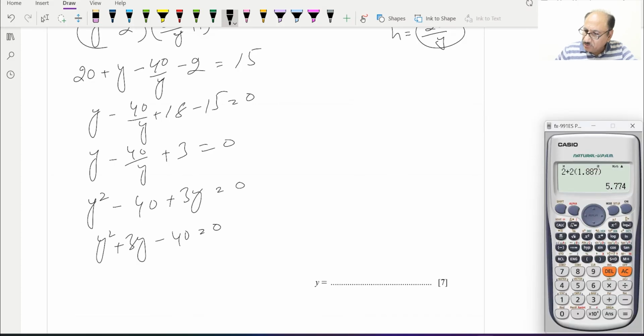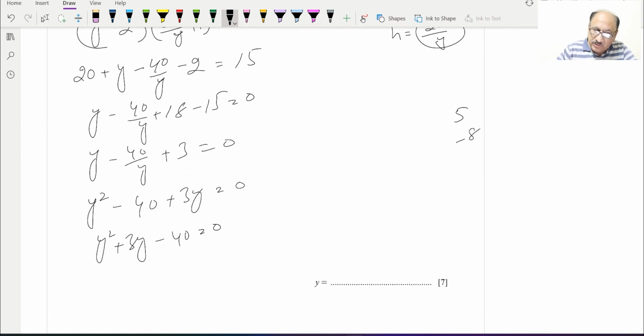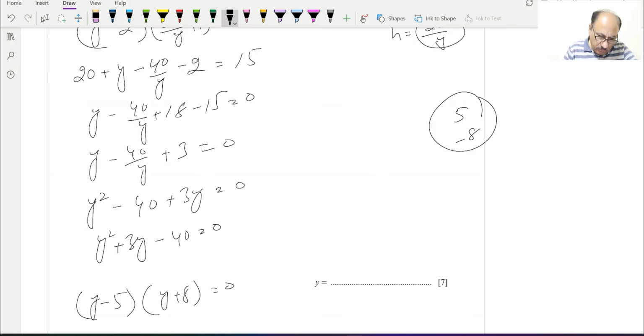So this will be our quadratic equation which we will be solving. And to solve this, we can use mode 5(3), and the coefficient of y square is 1, coefficient of y is 3, and the constant value is minus 40, giving 5 and minus 8. So 5 and minus 8 we will be using, and we can write y minus 5, taking the opposite sign, and y plus 8 is equal to 0.